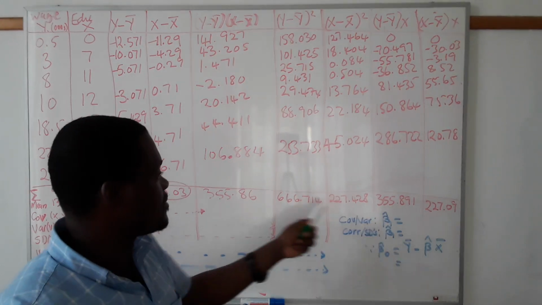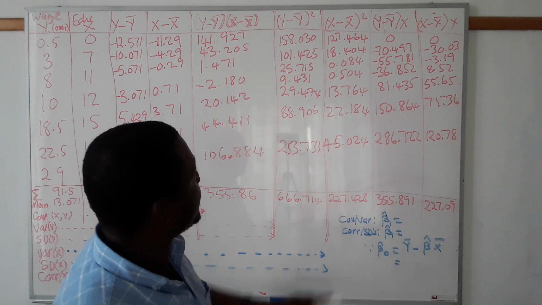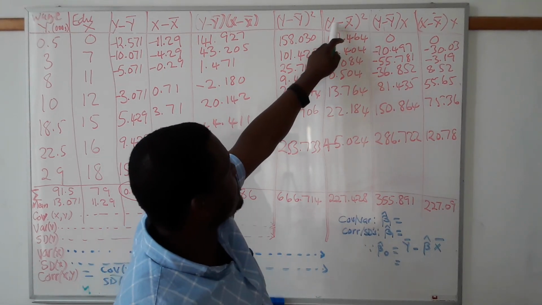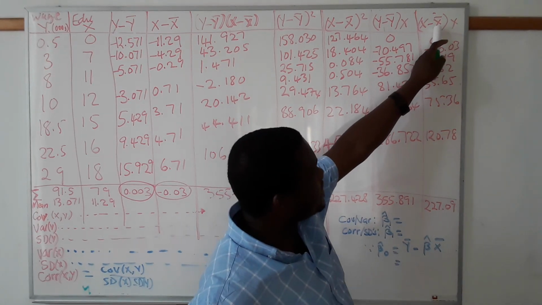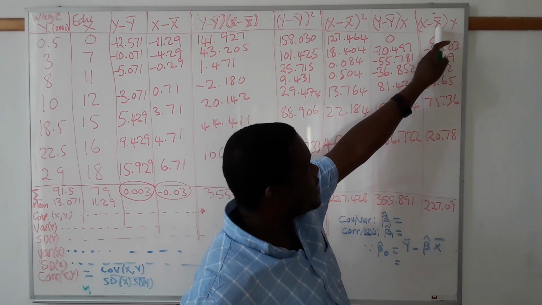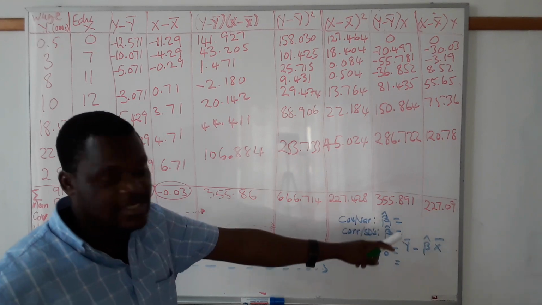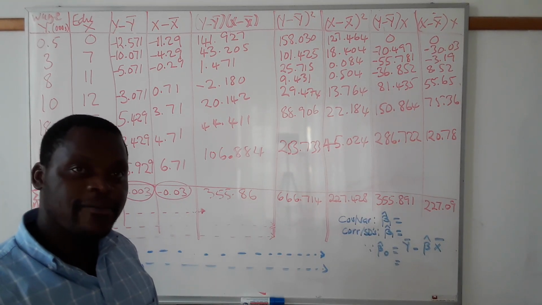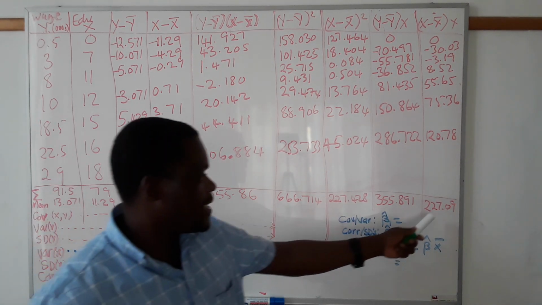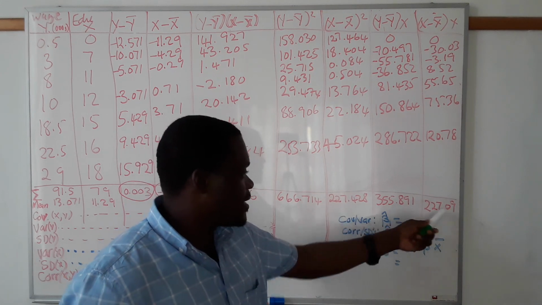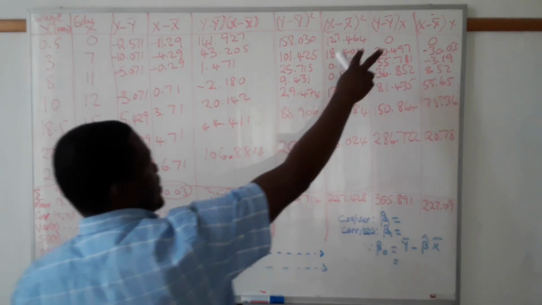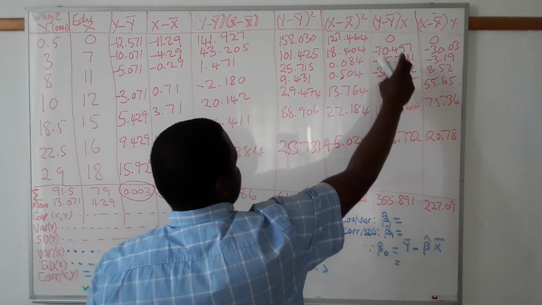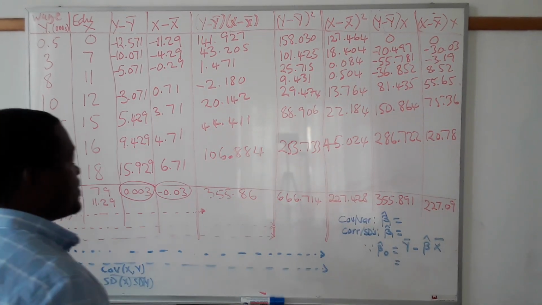You see that? Same value. Notice that x minus x bar has the same value as x minus x bar times x. We showed this when we were deriving our beta 1. So they give you the same value except for rounding errors here. But this is just to help you see that what we have here can give us the covariance.